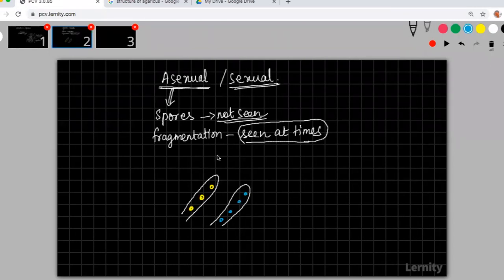What will happen is they will fuse to form a structure which is dikaryon.